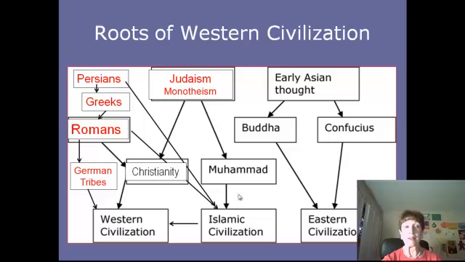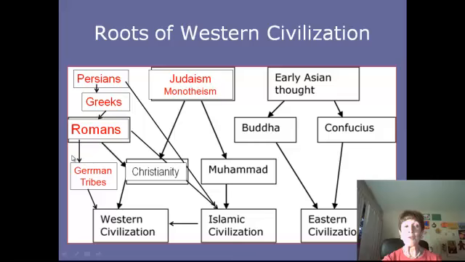So we have a religion called Christianity that adopted features from Judaism and also from the Roman Empire and from the Greeks and the Persians. So the Christian civilization adopted and received influences from all these things that you see in red.